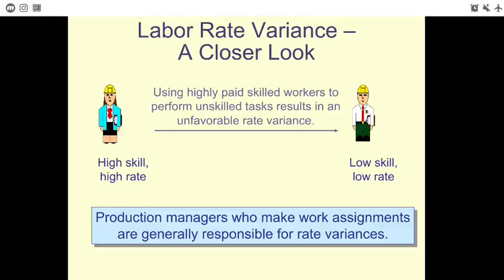So that is the trade-off. Most of the time a company has to choose to get a favorable labor rate variance, or to get a favorable labor efficiency variance.